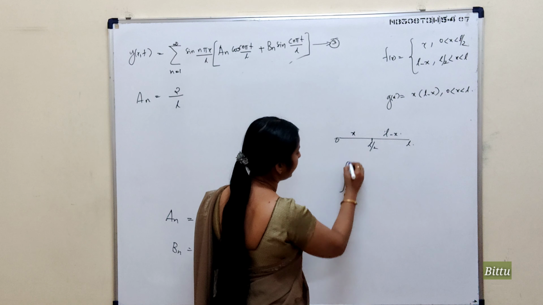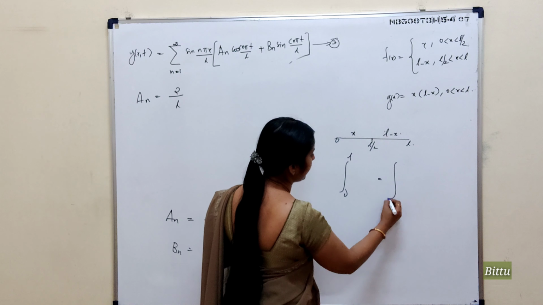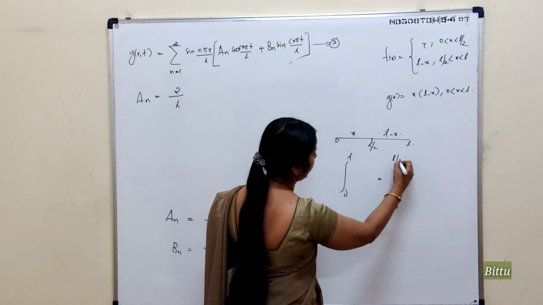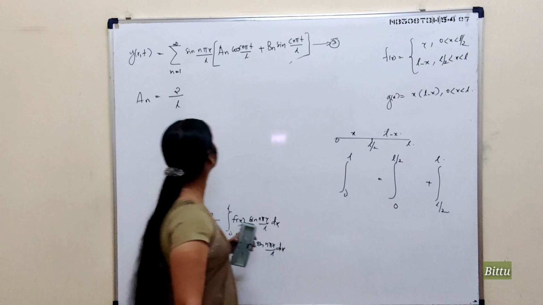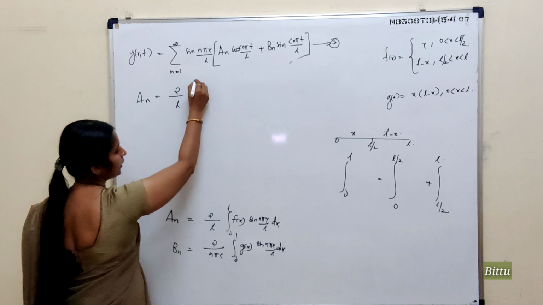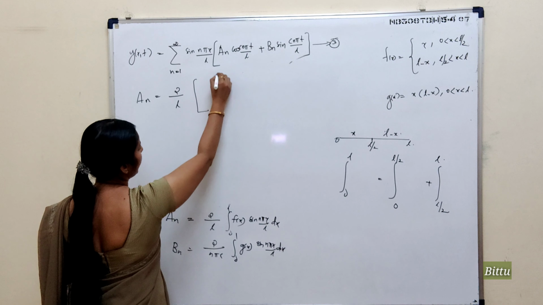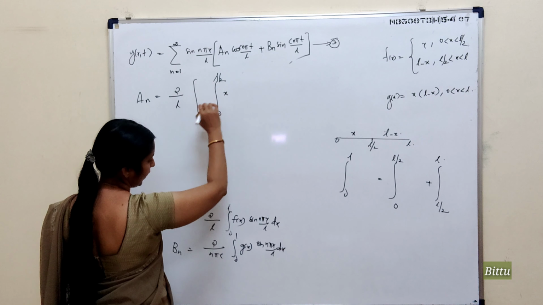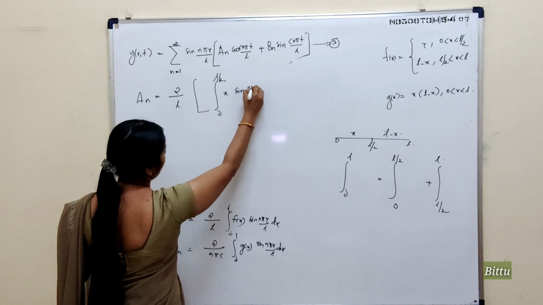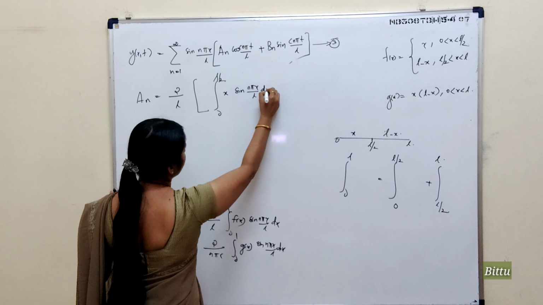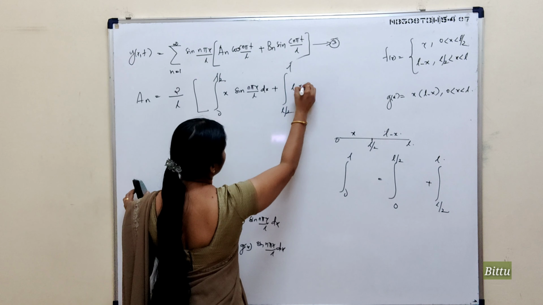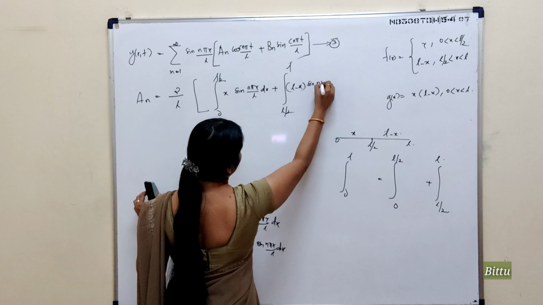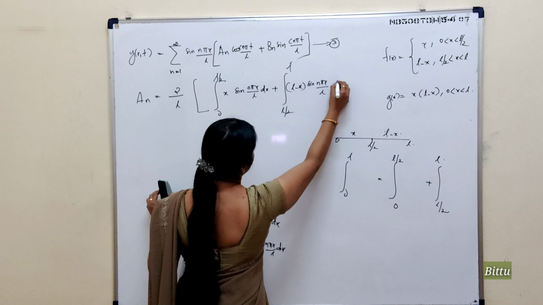So the integral 0 to L should be split into integral 0 to L by 2 and integral L by 2 to L. So an is integral 0 to L by 2, where f of x is x, x sin n pi x by L dx, plus integral L by 2 to L, L minus x sin n pi x by L dx.